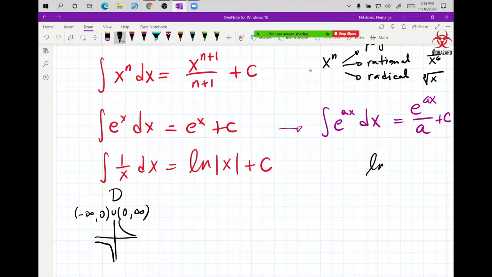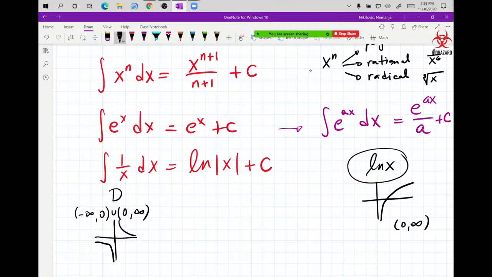Now, if you look at ln x without absolute value, that one is only 0 to infinity. So now you see the issue. It is perfectly fine for you to pick negative 2 on the left side. Well, if there are no absolute values, can you actually plug in negative 2? And the answer is no, because it's not in the domain, and your answers will end up being complex numbers.